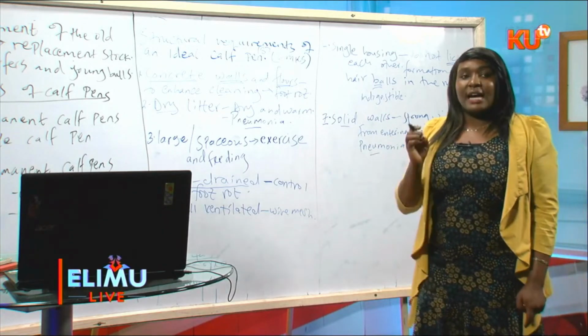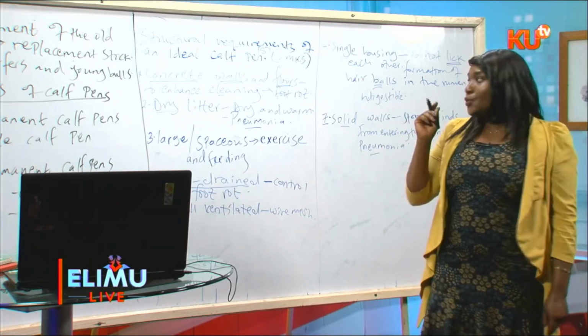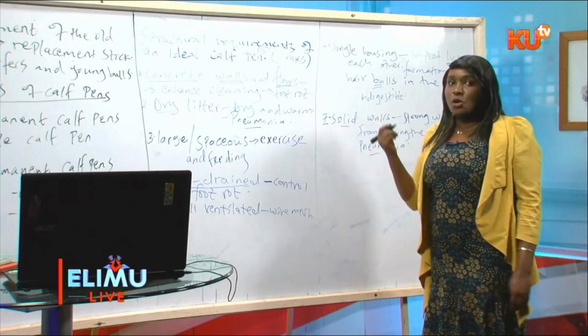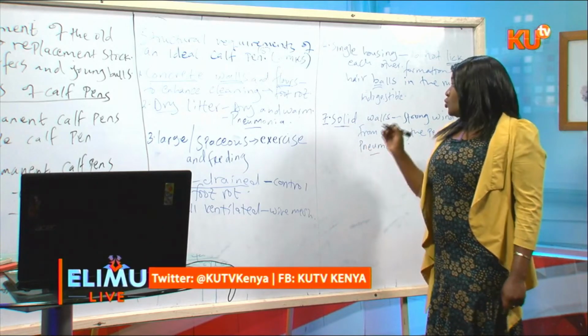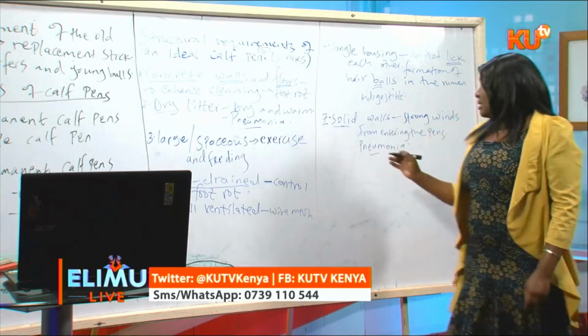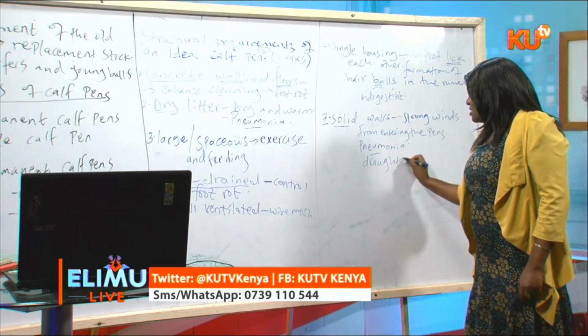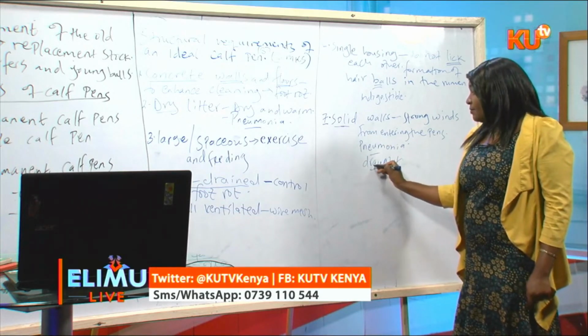But I'm not saying that our calf pen should have solid walls on the 4 walls. You should ensure that the better part, and especially the side where the very strong winds are coming from, you put a solid wall to ensure that there is no draught, that phenomenon we call draught, or that situation of draught with the DRA.